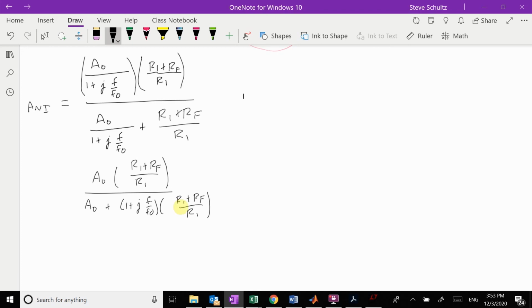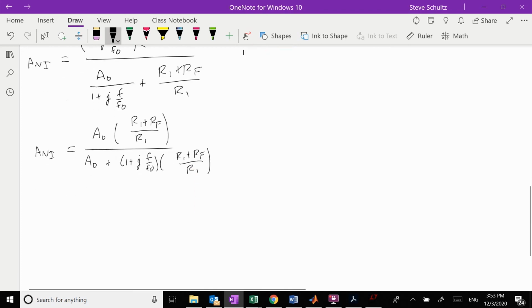Okay, and this again is equal to RA. Okay, so then we want to keep simplifying this to get it into a term that we can understand what's going on very well. So we have A0 times (R1 plus RF) over R1.